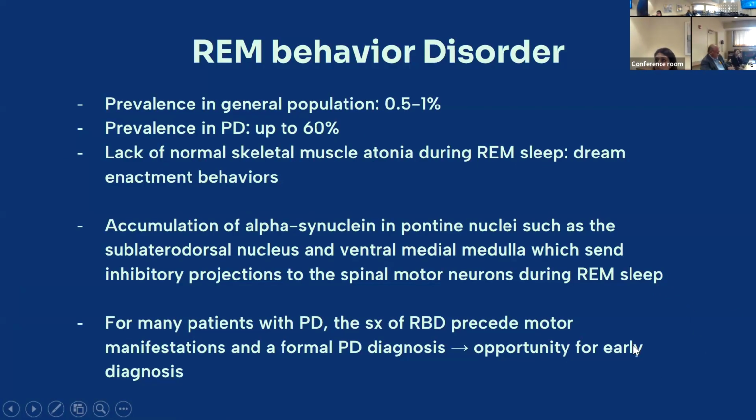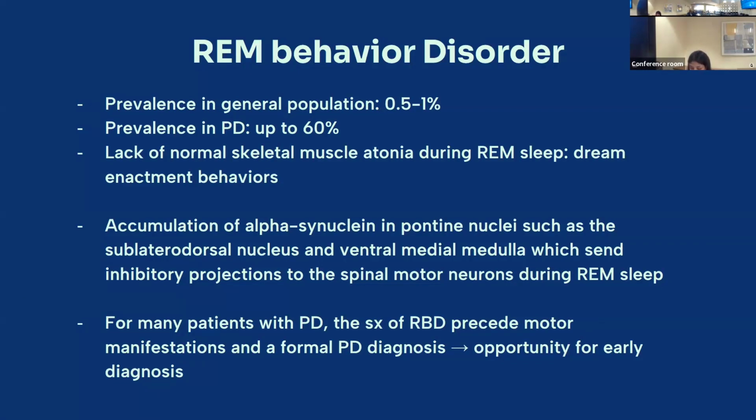Okay, so prevalence in the general population is 0.5 to 1%. The prevalence in Parkinson's is up to 60%. So you have that lack of normal skeletal muscle atonia during REM sleep, leading to dream enactment behaviors, or bed partners talking about kicking, punching in their sleep and injuring themselves.